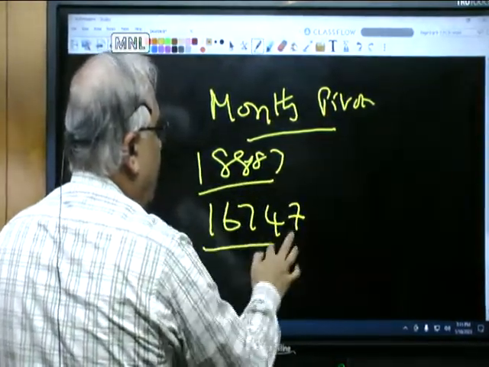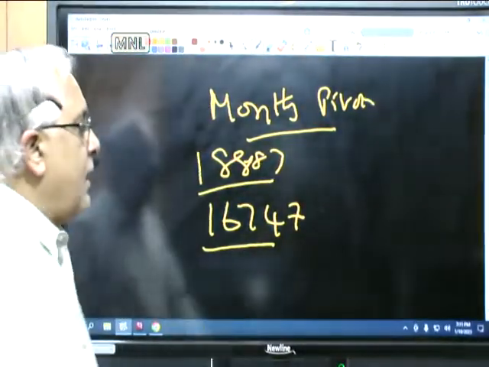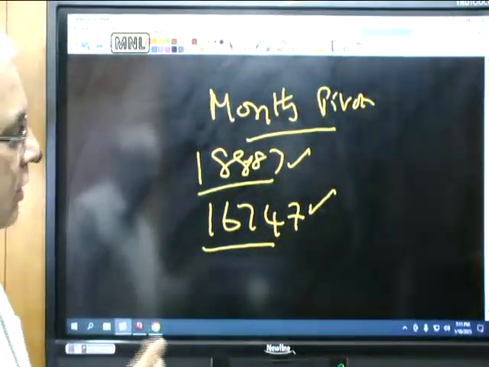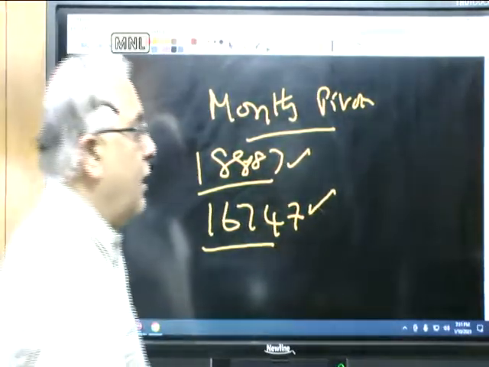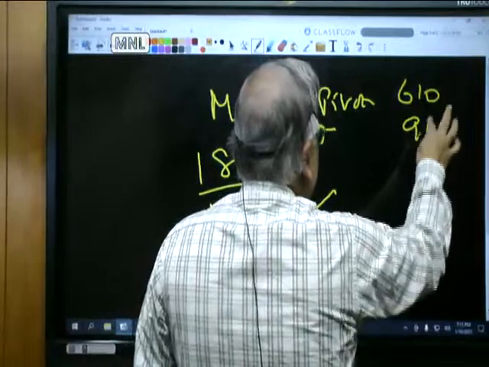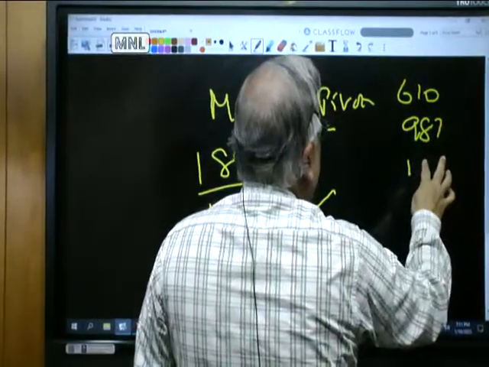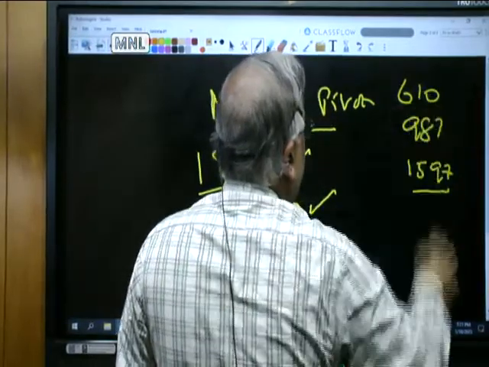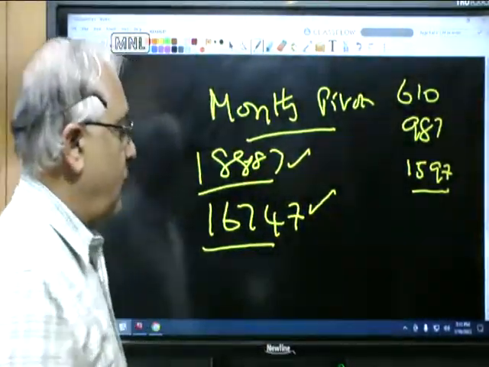So these are the important high and important low. Now we have the Fibonacci numbers: 610, then 987, then 1597. If you add these two, it comes to 1597.